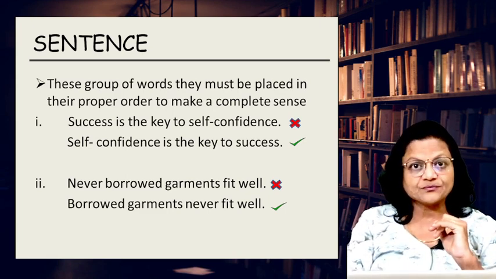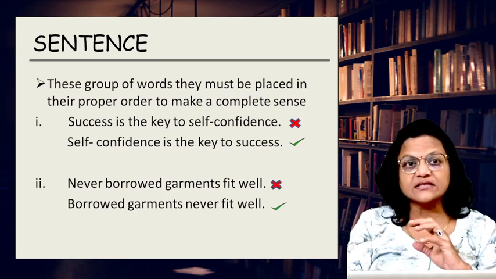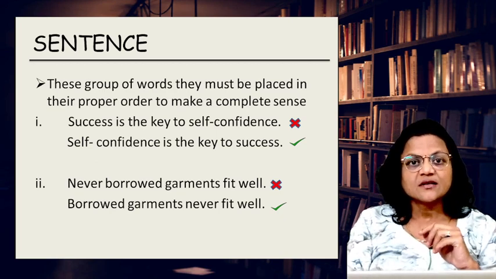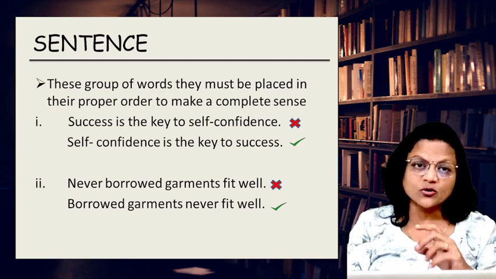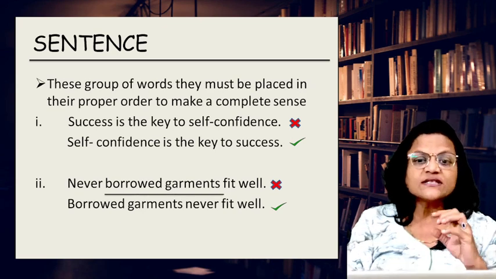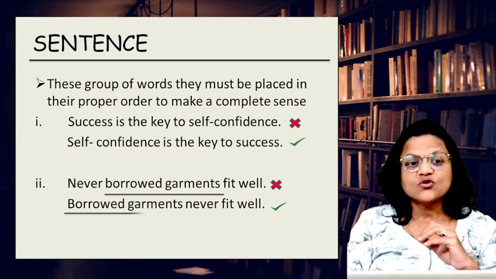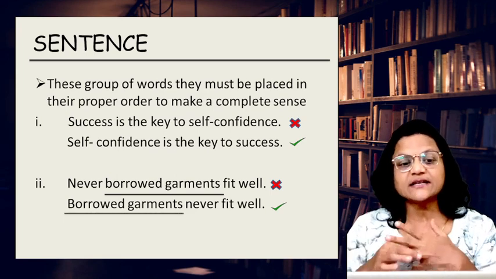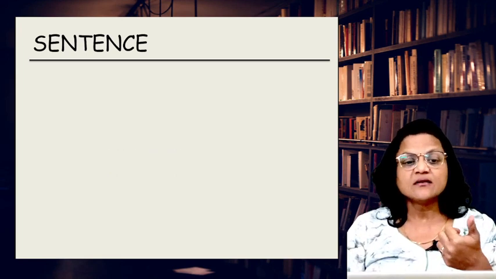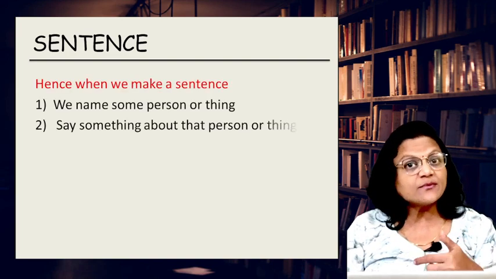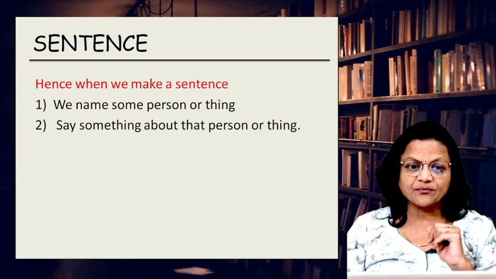Well, in these two sentences, we are talking of what? What are we discussing? Let's think of that. In both, we are talking about borrowed garments. So, the sentence has to begin with these words. So, broadly, when we make a sentence, number one, we name some person or thing, and number two, say something about that person or thing.